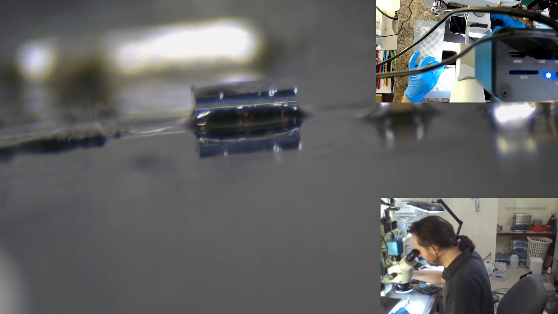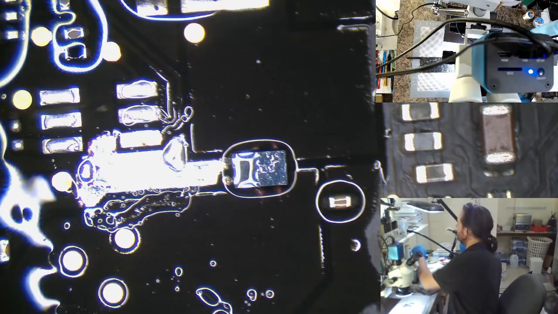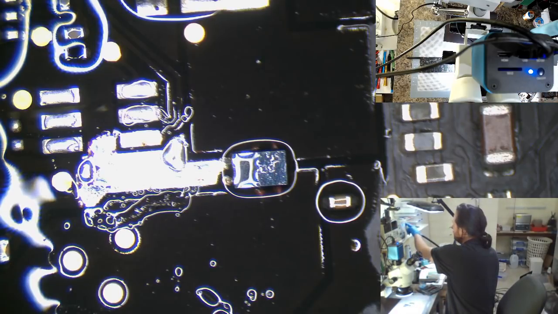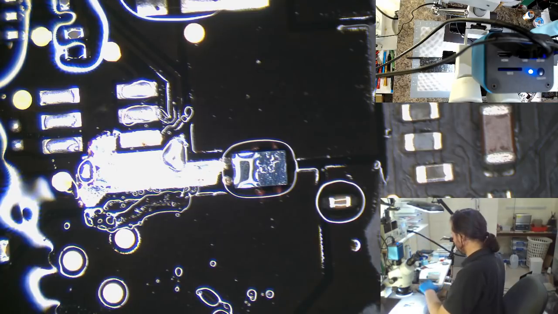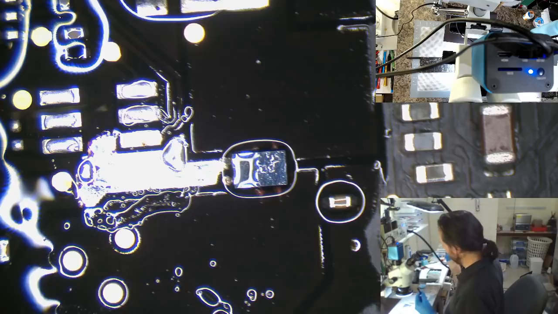I have a feeling that isn't actually... that's not yet reflowed. The trouble I'm having here is that it... okay. Now that it's bonded a little bit to the board, I can at least bring everything up.